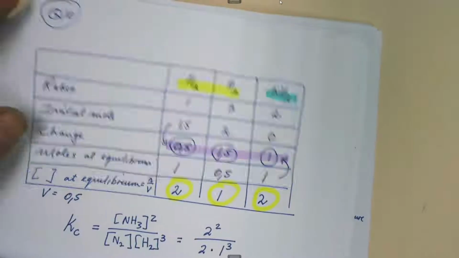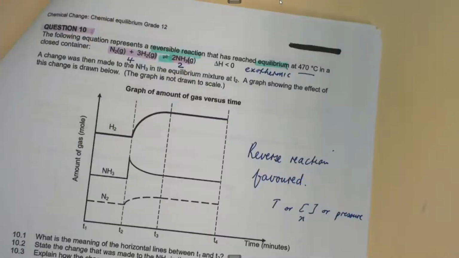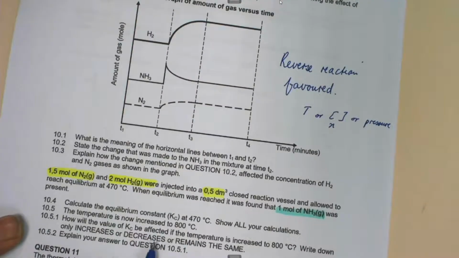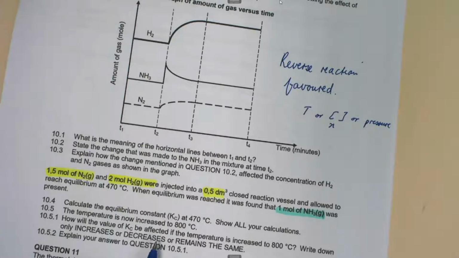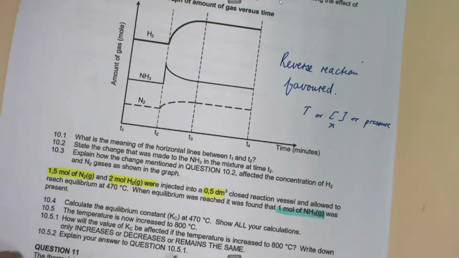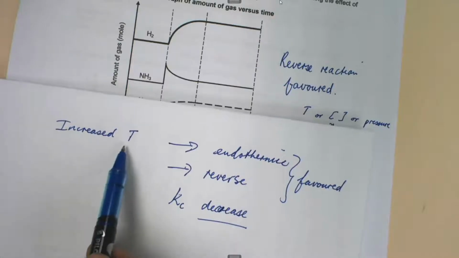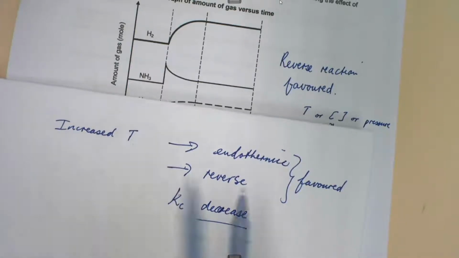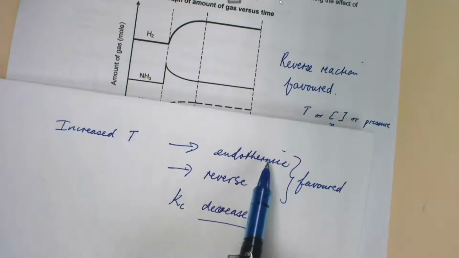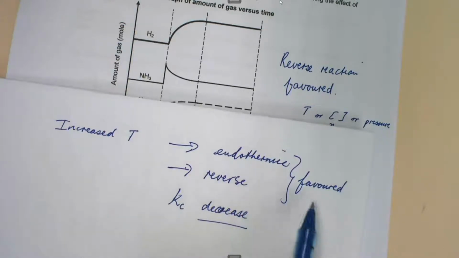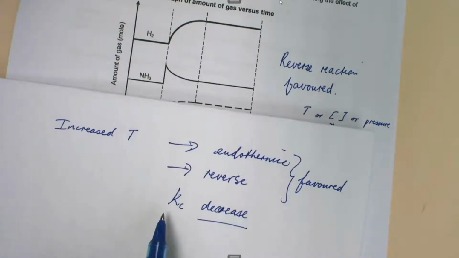So my answer to this question, how will the Kc value be affected? It will decrease. Right? And now they ask you, explain your answer. And there, I will now put that nicely into words because that is my explanation. The disturbing factor is the increase in temperature. The endothermic reaction or the reverse reaction will be favored and the Kc value will decrease.